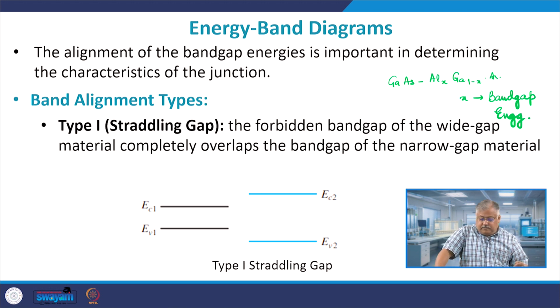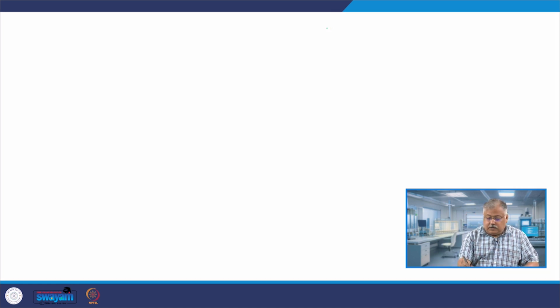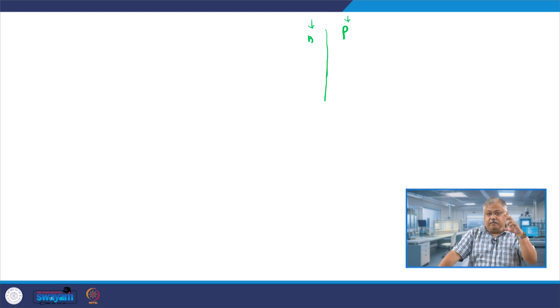One more thing before I move forward is the dopant type, right. Now, let me use a blank screen to showcase it. If I have a heterojunction here, and it is nP, that basically means that this is N type and this is P type, but the N type has got a wide band gap material and the P type has got a low band gap material.